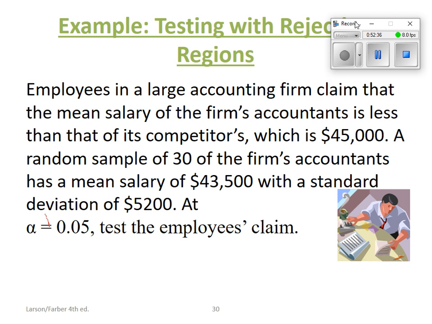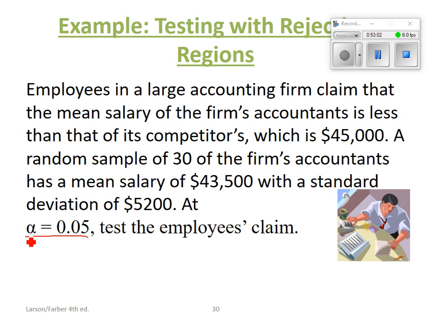A random sample of 30 of the firm's accountants has a mean salary of $43,500 with a standard deviation of $5,200. At a 5% level of significance, test the employee's claims. So I'm going to write some of this over here before we switch to the next slide. Have your calculator out so you can help me find the Z here in a minute.